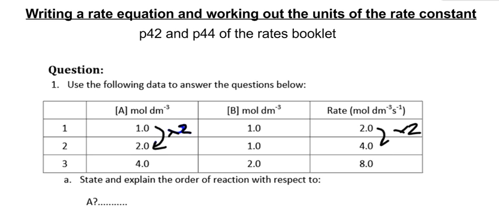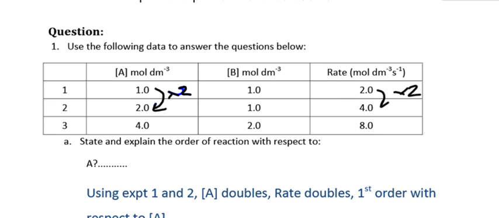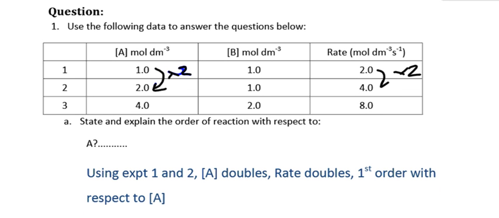So here in the first part of the question, I can say, using experiments 1 and 2, A doubles, rate doubles, so first order with respect to the concentration of A. Remember that we're using the square brackets to indicate concentration, and that the units of concentration are moles per decimeter cubed, which is moles decimeter to the -3, that minus indicating that it's moles over decimeters cubed.